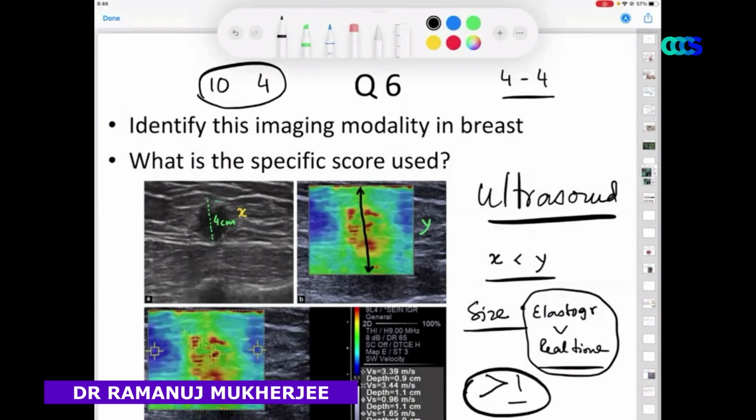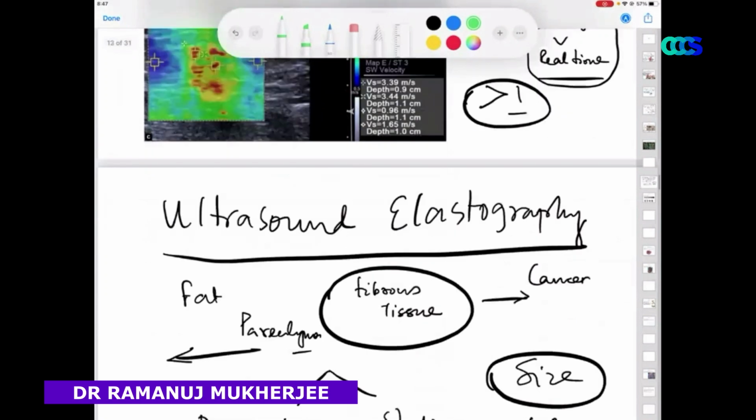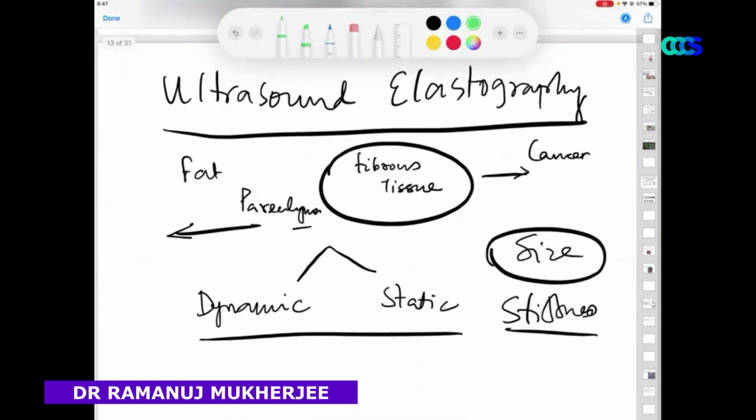So the bottom line is that on elastography, the size is more. Please remember that the size increases because there is a surrounding desmoplasia of the cancer. If you do a core needle biopsy, every one of you knows what desmoplasia is, and the stiffness of the tissue reflects that only. So that is called the elastographic first principle.